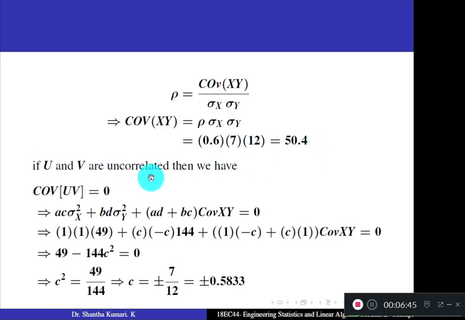Now what is the given condition? U and v are uncorrelated. So if u and v are uncorrelated, then we have covariance of uv equal to 0. And I am directly using the formula which is given for covariance of uv. Covariance of uv is AC into sigma x square plus BD into sigma y square plus (AD plus BC) into covariance of xy. In this problem, in our transformation, A is 1 and C is 1.